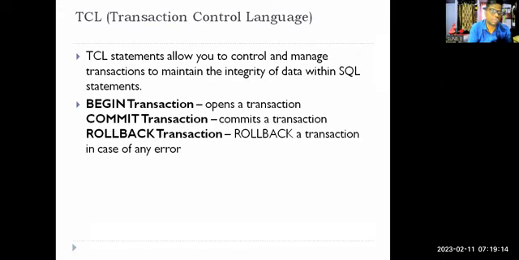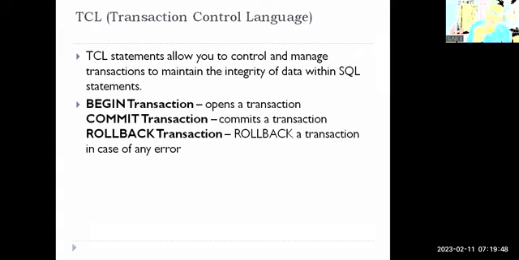Next statement is the rollback statement. This rollback transaction statement is used in case of any error. When you are using a table, when you are working with the database, if any errors happen in your table, you can use this statement. The statement name is rollback transaction. Okay, remember these three transaction statements are used in transaction control language only.